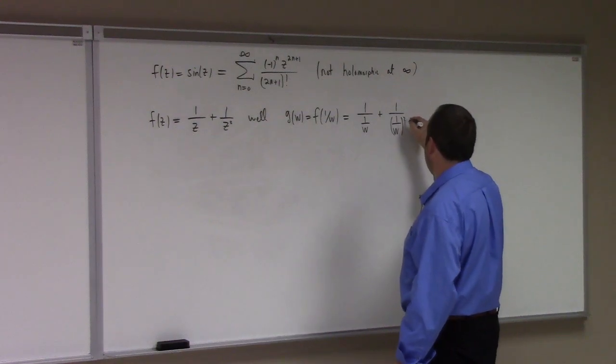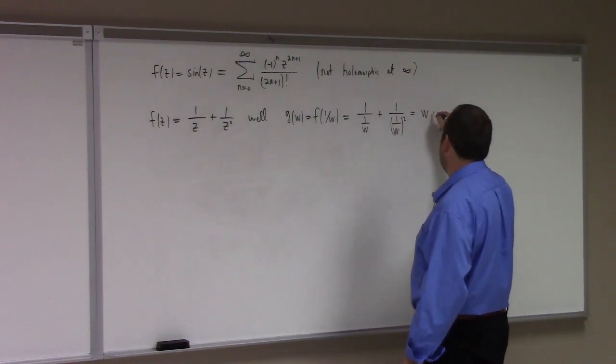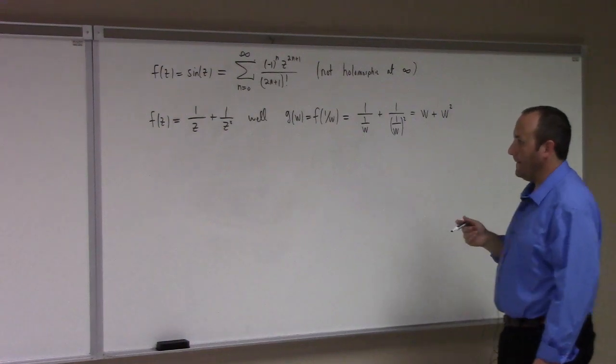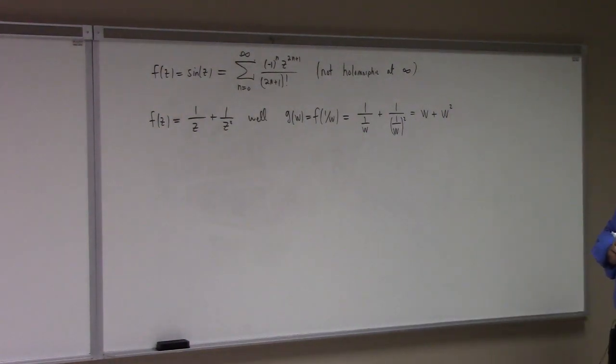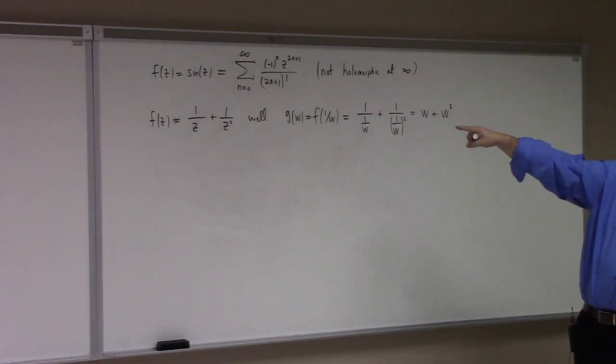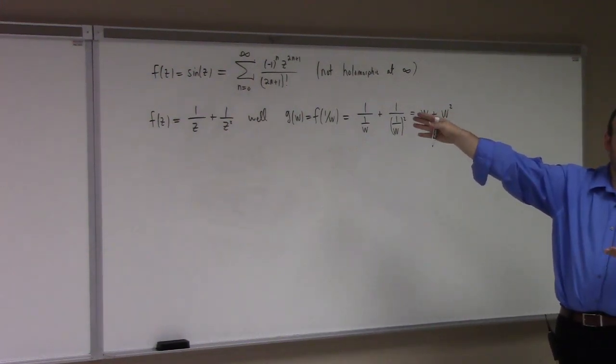It's w plus w squared, right? And so that's a power series. I mean, it's a polynomial, and hence that's holomorphic, right? So that means that 1 over z plus 1 over z squared is holomorphic at infinity.